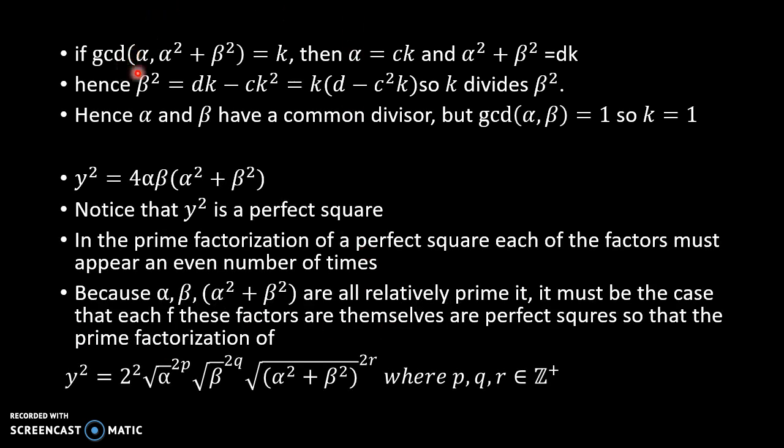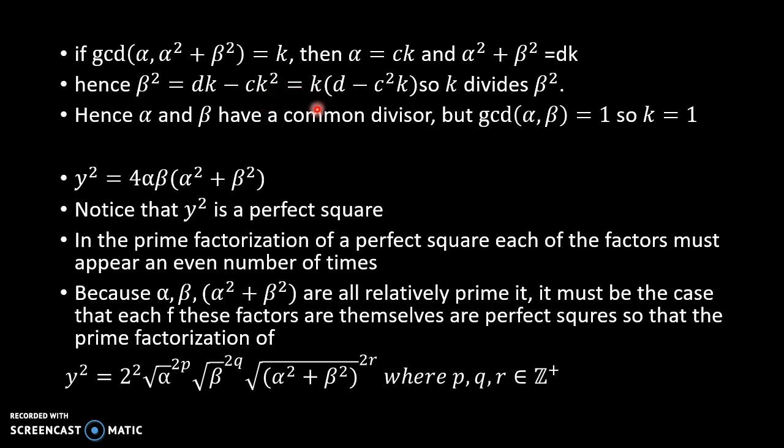If you take the GCD of alpha and alpha squared plus beta squared equal to k, then we know that alpha equals ck. Similarly, we know that alpha squared plus beta squared equals dk. Therefore, if you do some substitution, we see that beta squared equals dk minus c squared k squared.